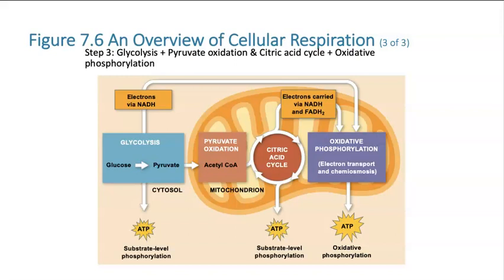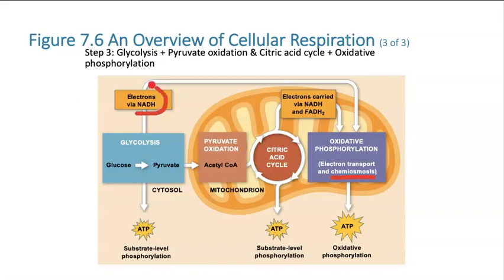The next thing that we're going to talk about is oxidative phosphorylation. And with oxidative phosphorylation, we have two main things that are happening: the electron transport chain and chemiosmosis. That's the word right there, chemiosmosis. It's a little hard to say, but once you get the handle of it, it's not too bad.